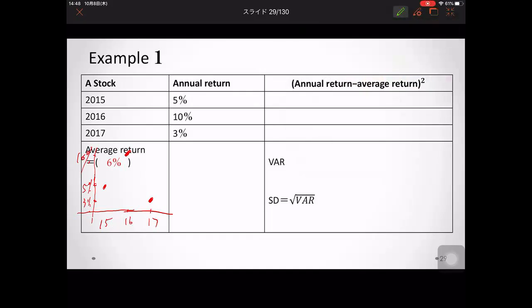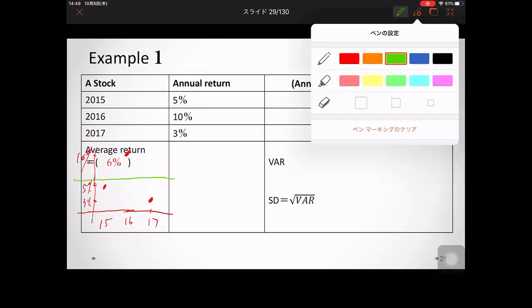And the average is 6%. Then let's calculate the deviation and the squared deviation.